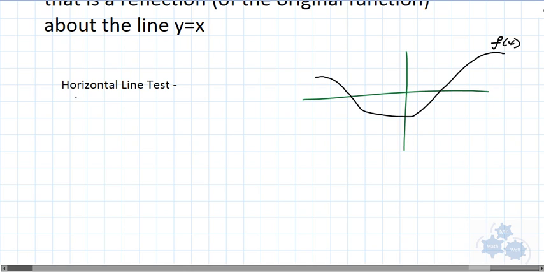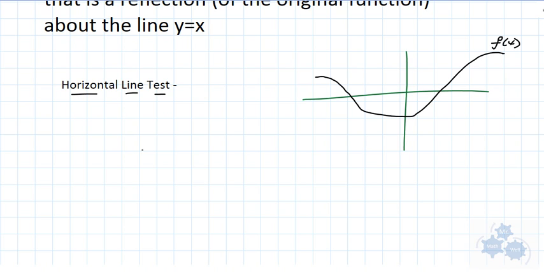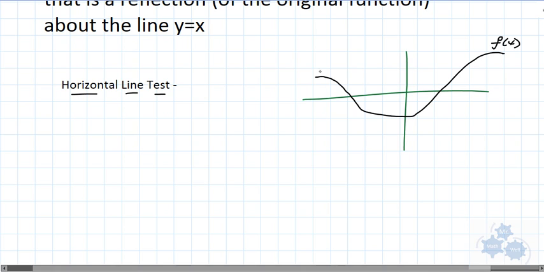The horizontal line test is something that we can do to determine whether the inverse is a function or not. So if I draw a horizontal line, you know how we drew a vertical line to test if something was a function? Well, the horizontal line test helps us to determine if the inverse is a function.